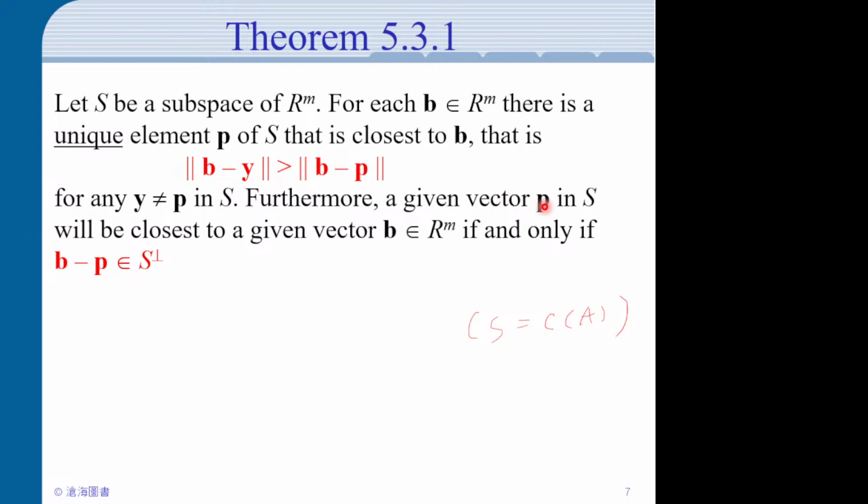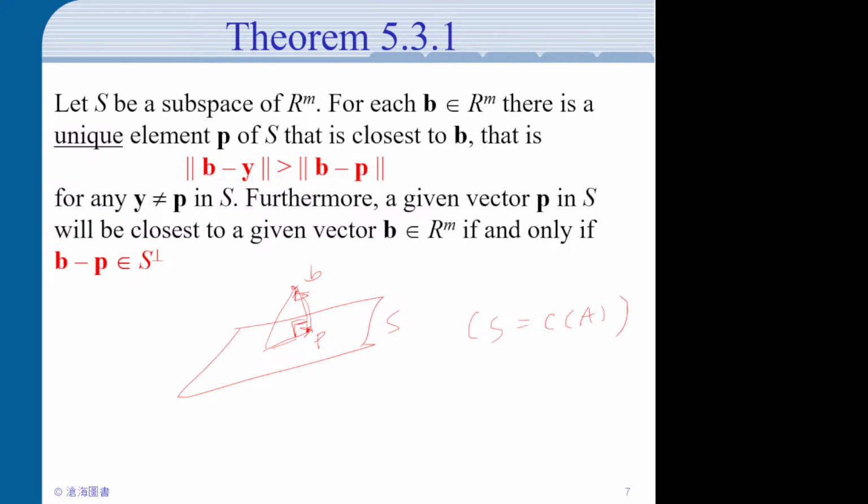Also, p is the closest point if and only if b minus p is orthogonal to S. I should write it here once again. So you have a subspace S here, and you have a vector b here, and we are saying there is a point p here, and that p is the closest point.